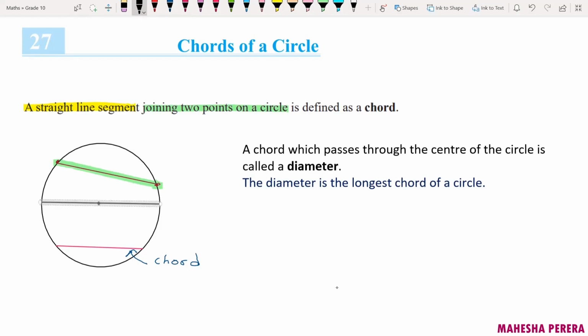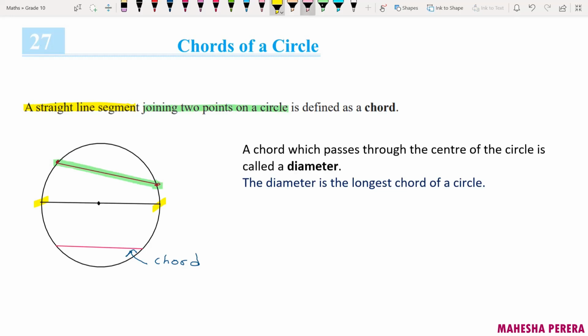So is the diameter a chord? Of course. Remember, even the diameter is a chord. Why? The diameter is again a straight line joining 2 points on the circle. So again, the diameter is a chord.